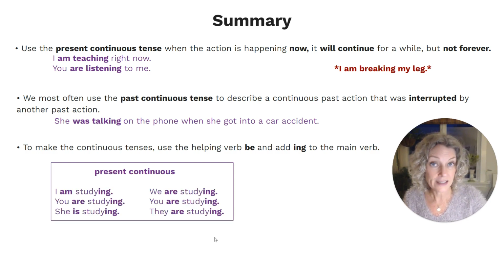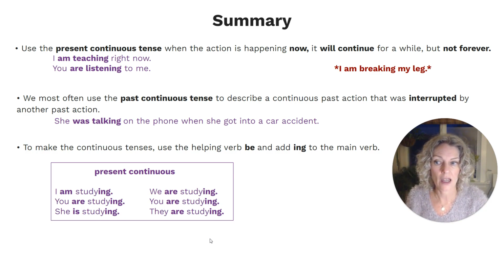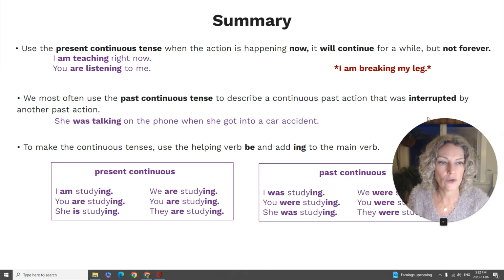So for the present continuous tense, that means I am studying, you are studying, she is studying. We are studying, you are studying, they are studying. So notice how the helping verb changes depending on your subject, but they all show the present tense, and then the main verb has ing to show that the action is continuous.